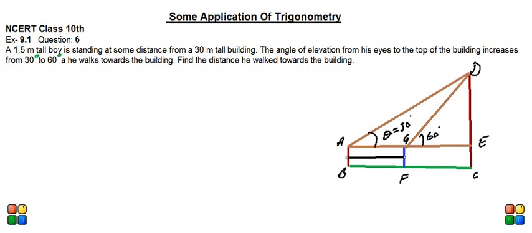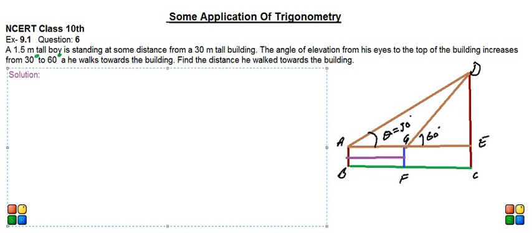Let me take a different color, purple, right? This color is given in between the AB and GF lines. This is the distance I have to calculate. So we will move towards the solution of this problem.